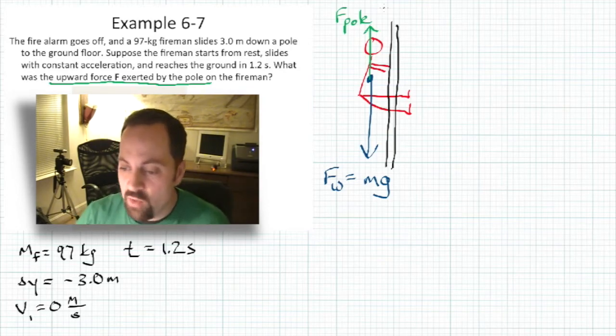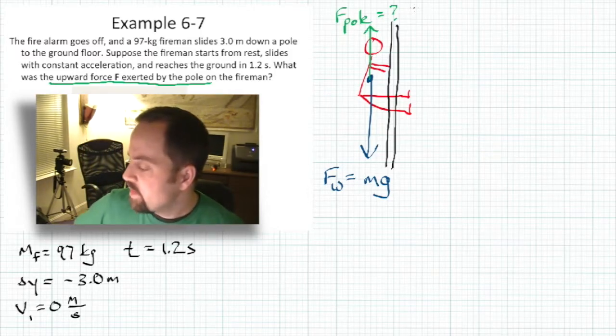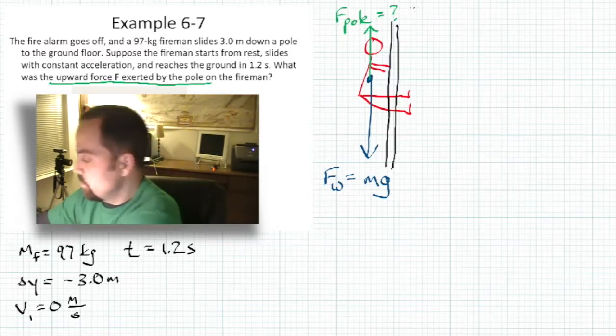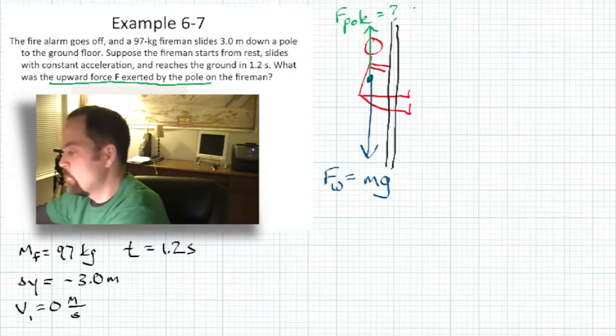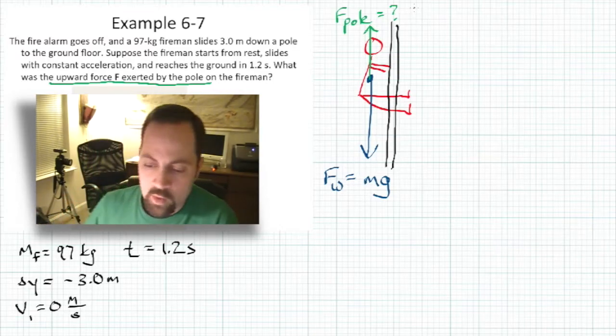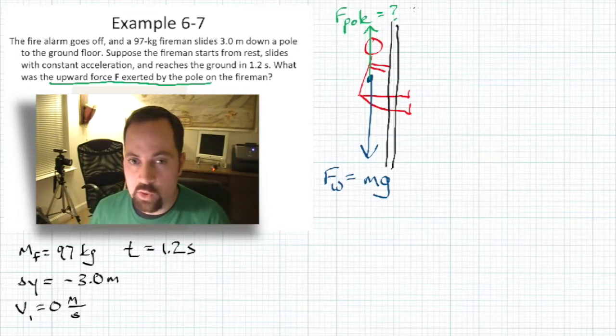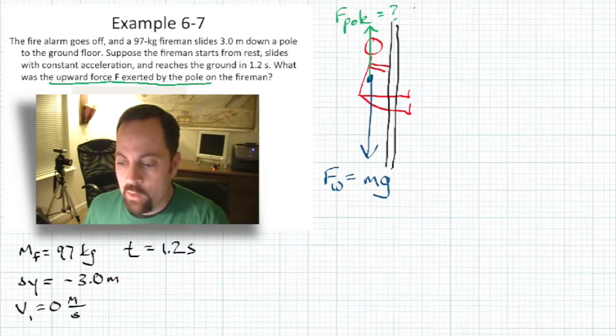And so that is what we're solving for right here. We don't know what that is. But he slides downward with a constant acceleration. We don't know what that acceleration is quite just yet, but we can find that.